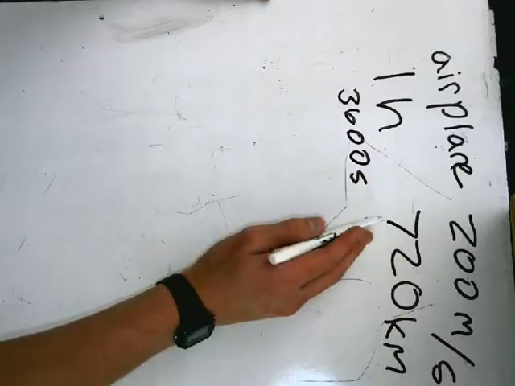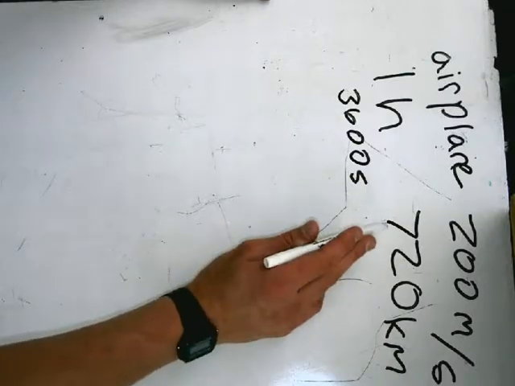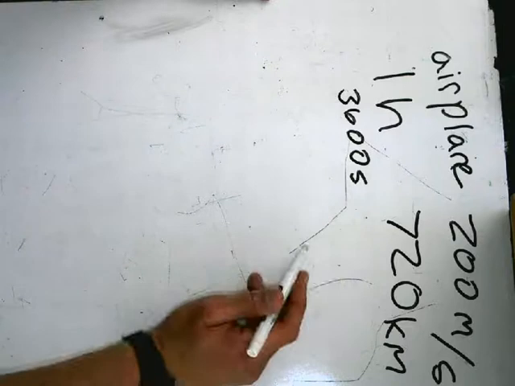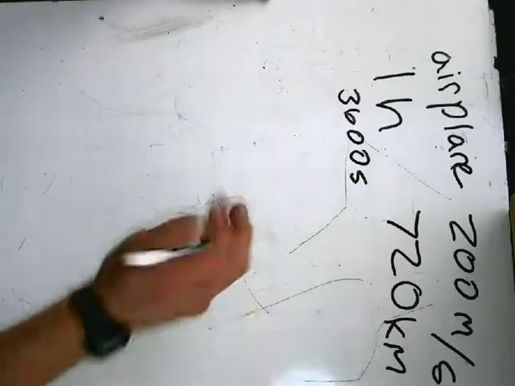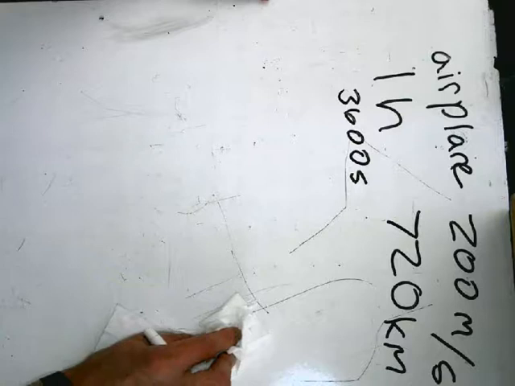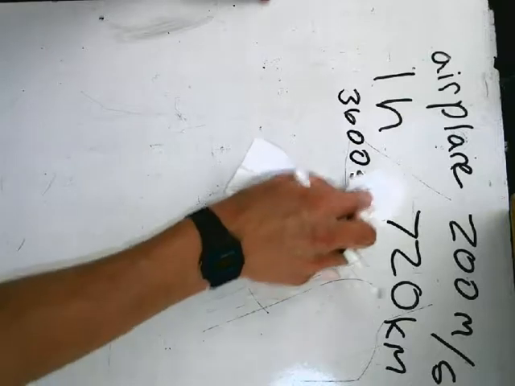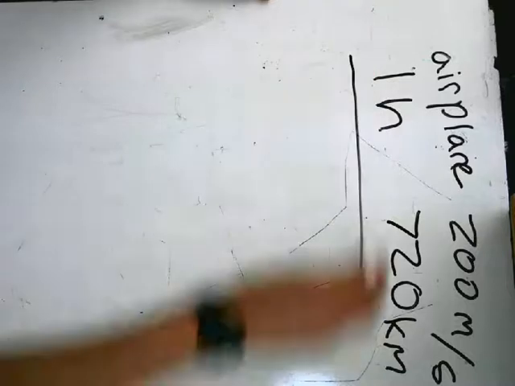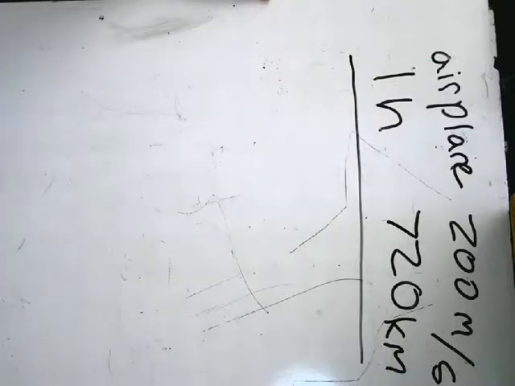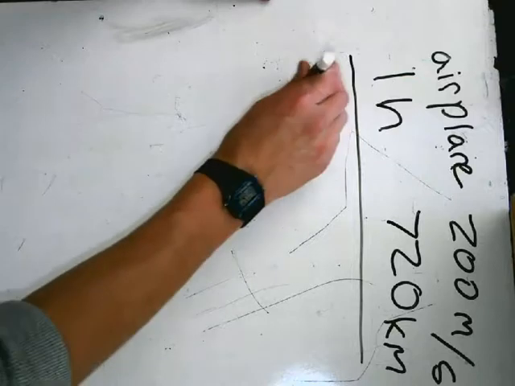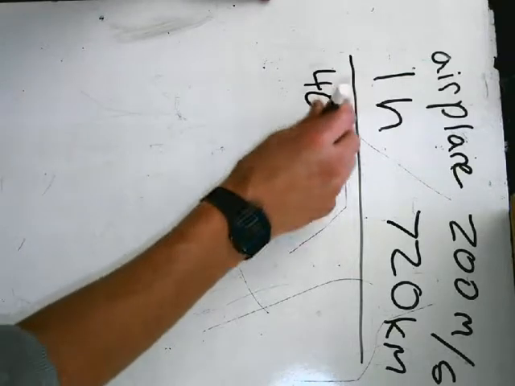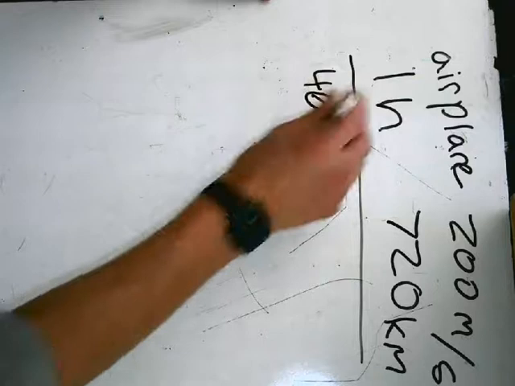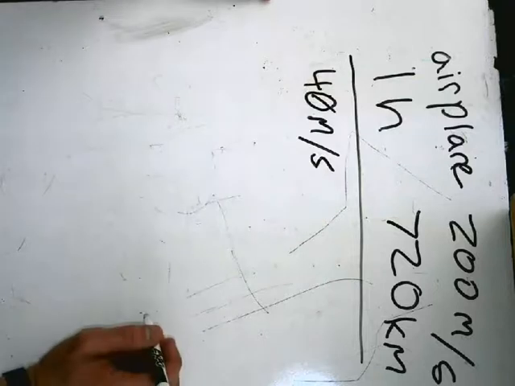It's the basic information now. Let's say that you had a tailwind of 40 meters per second on the way there. So let's say the airplane is going from your origin, just call that point A, and it moves to its final position, point B, 720 kilometers away.